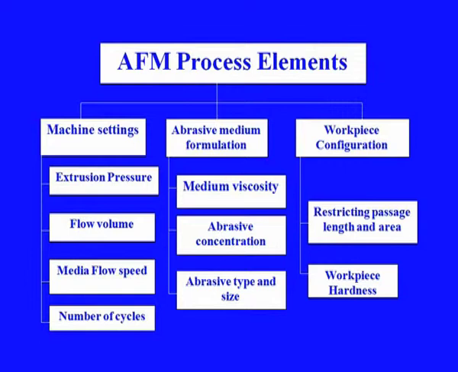The other is abrasive medium based parameters, which we can control through abrasive medium formulation, and then the other one is workpiece related. In machine based parameters, extrusion pressure, flow volume, media flow speed and number of cycles are some of the parameters which we can set during machining.